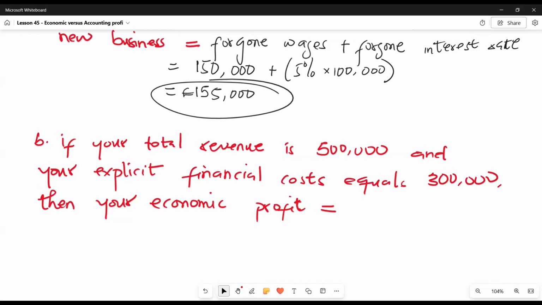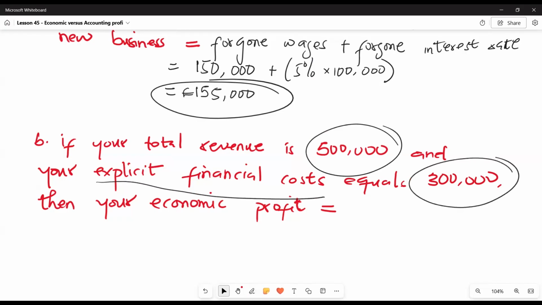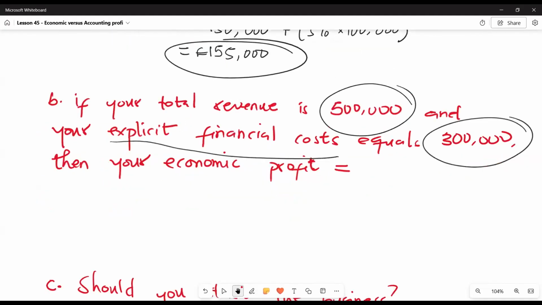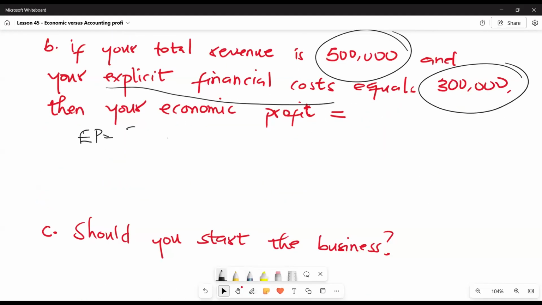So let's combine that with your explicit cost and see what your economic profit is going to be. If we assume that your total revenue is 500,000 and your explicit financial cost is equal to 300,000 a year, then what is your economic profit? We know that economic profit is total revenue minus explicit financial cost minus implicit opportunity cost. Our total revenue per year is 500,000.